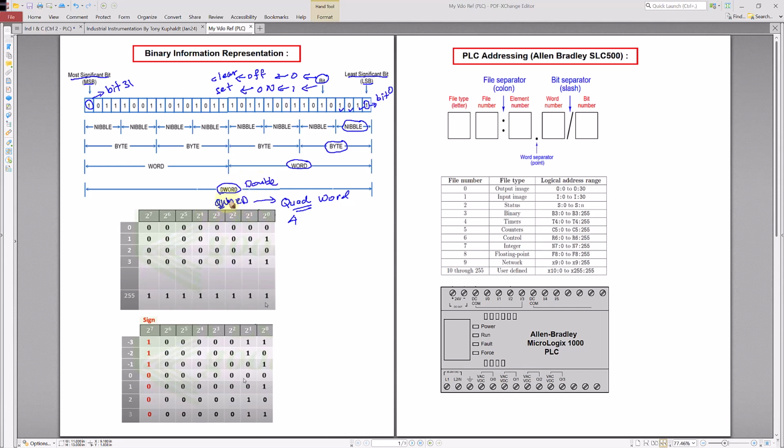One Q word is equal to 2 D words, which is also equal to 4 words, which is equal to 8 bytes, which is also equal to 16 nibbles, and also equal to 64 bits.